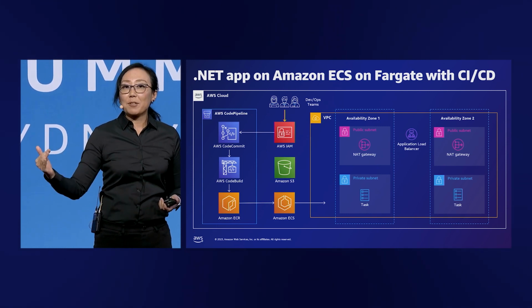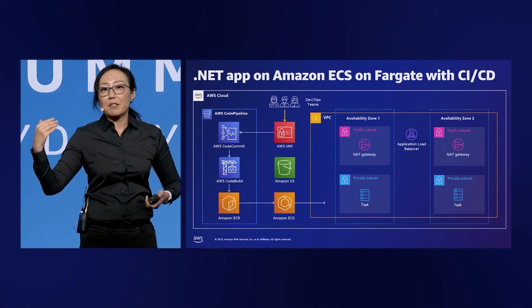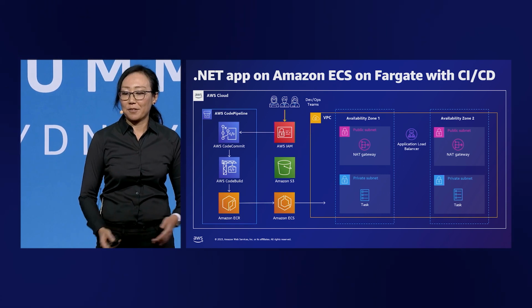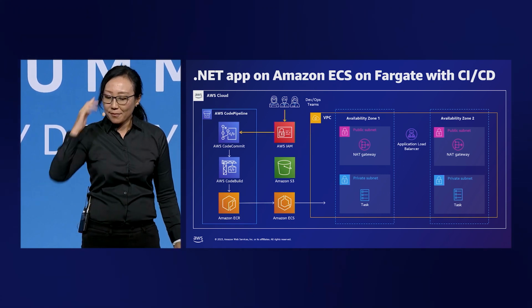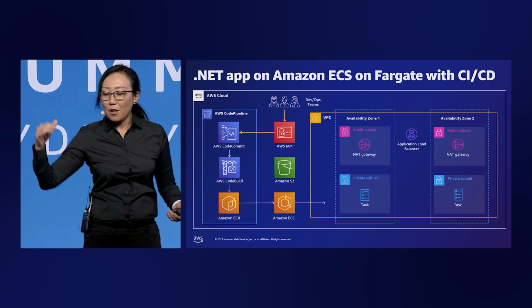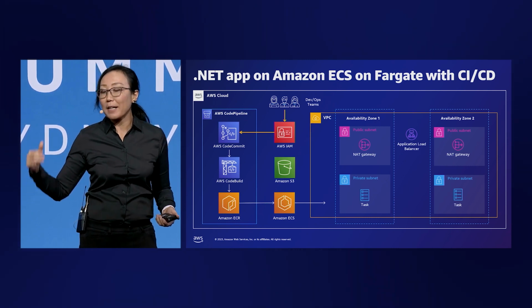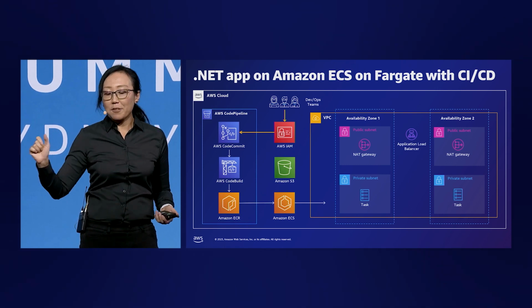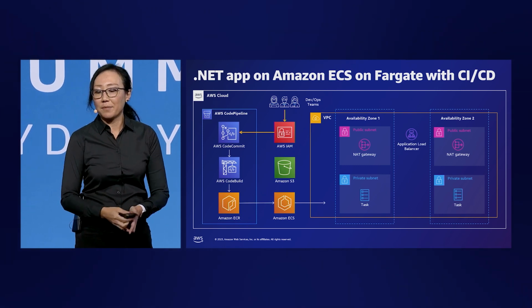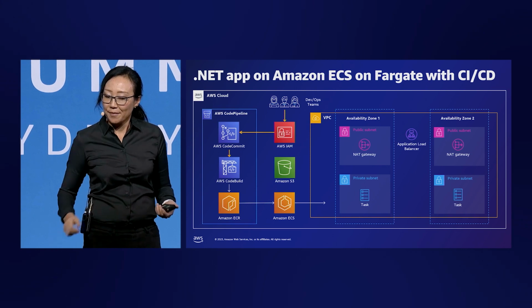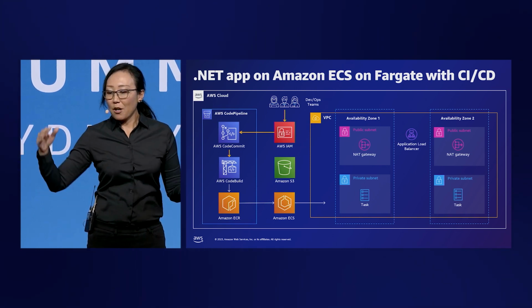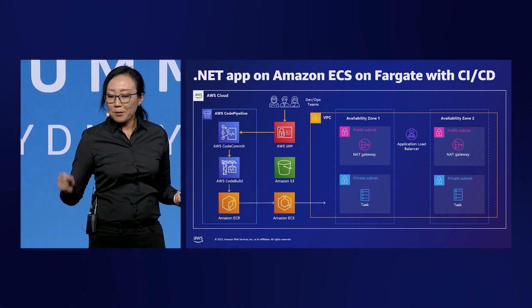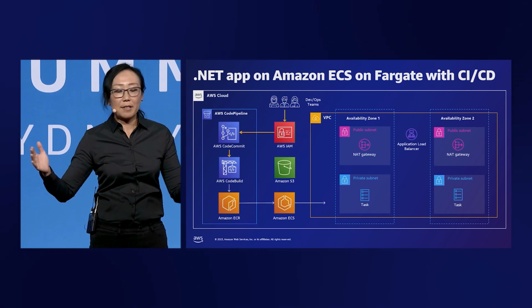As part of the DevOps team, I authenticate via AWS IAM, or Identity and Access Management. In the first source stage of our CI/CD pipeline managed by AWS CodePipeline, I push changes to my source code repository, which is AWS CodeCommit. In the second build stage of the pipeline, CodeBuild starts building the .NET 6.0 container image.